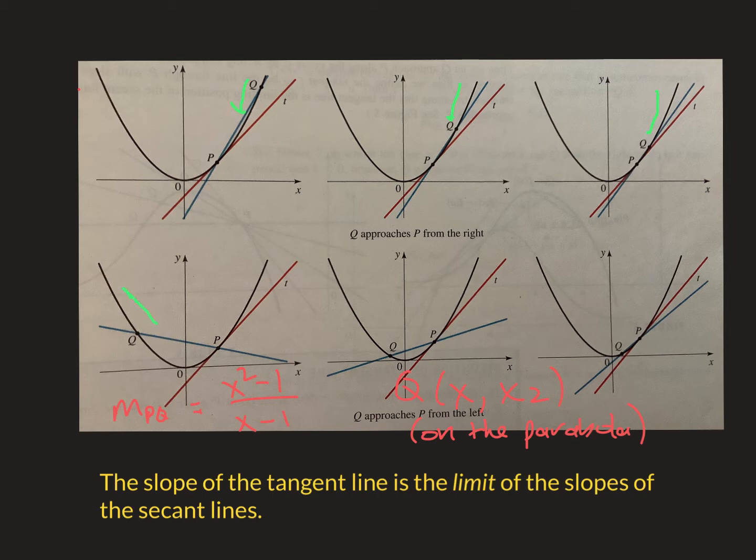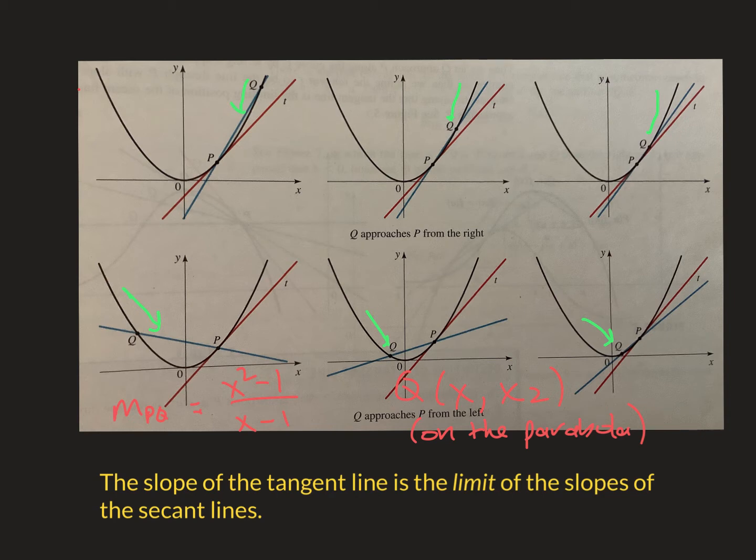And if we approach from the left, same deal. Approaching from the left this time, there's Q. Q's getting closer around the curve, and the blue line's getting closer and closer to becoming the tangent line. So the closer you get that second point to point P, the closer the secant line becomes to the tangent line. It's getting infinitely close.